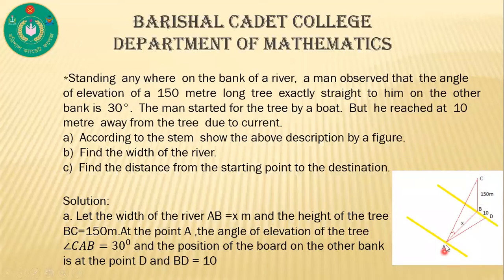At a point A, the angle of elevation of the tree, angle CAB, is equal to 30 degree, and the position of the boat on the other bank at a point D, here BD is equal to 10.